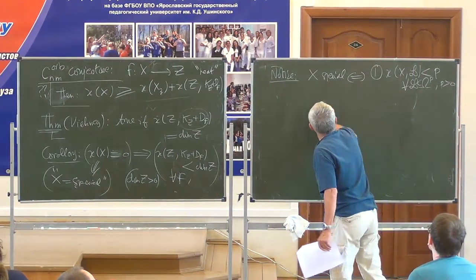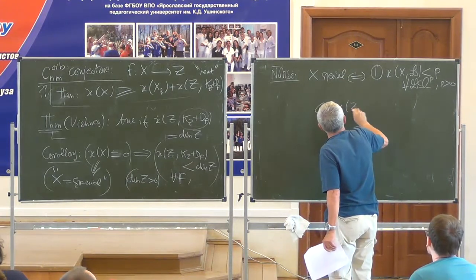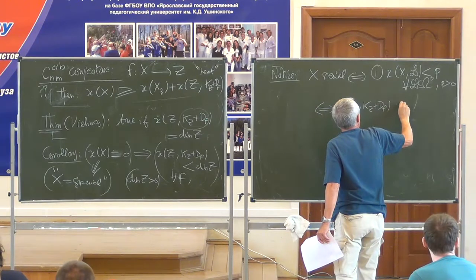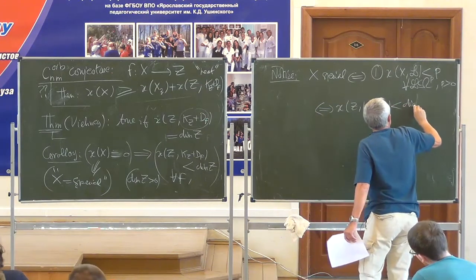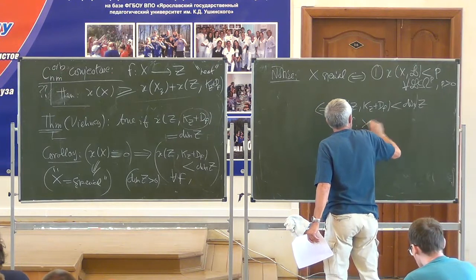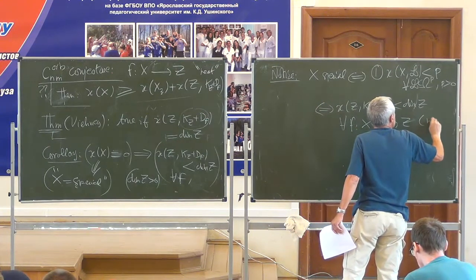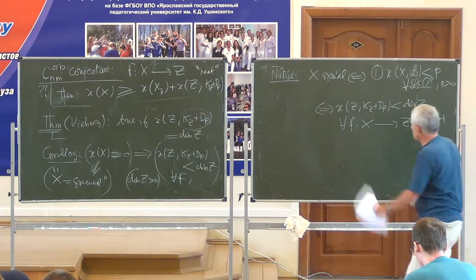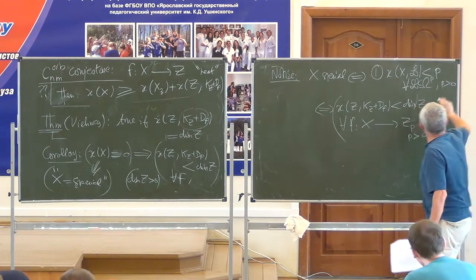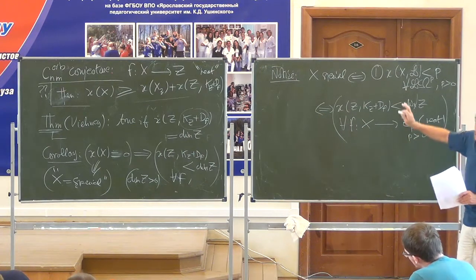This is also equivalent to: κ(Z, K_Z + Δ_f) is strictly less than dim Z for any f from X to Z, with Z, p and p positive. So we have two definitions for X being special.